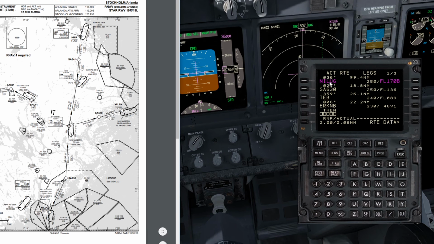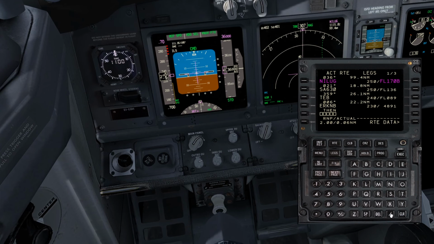We checked the FMC, we have Nilug, and it says here flight level 170 or below. If you don't have this altitude, what you can do is simply press the slash, because you want to change the values after the slash.